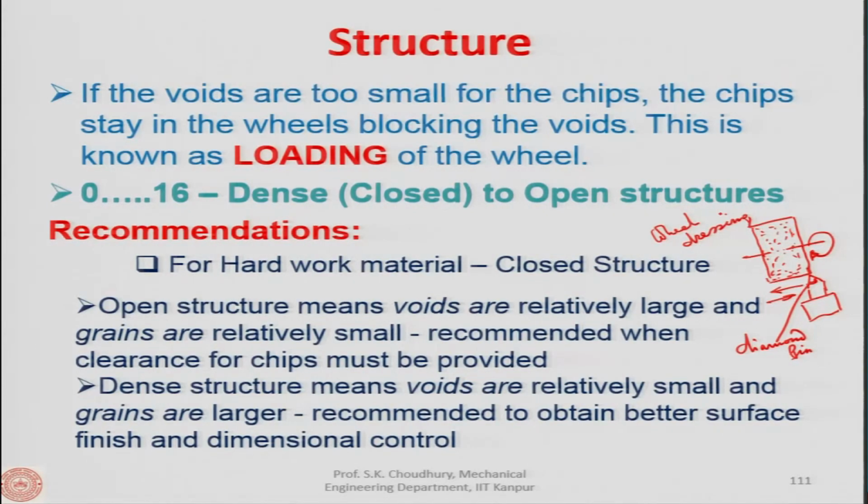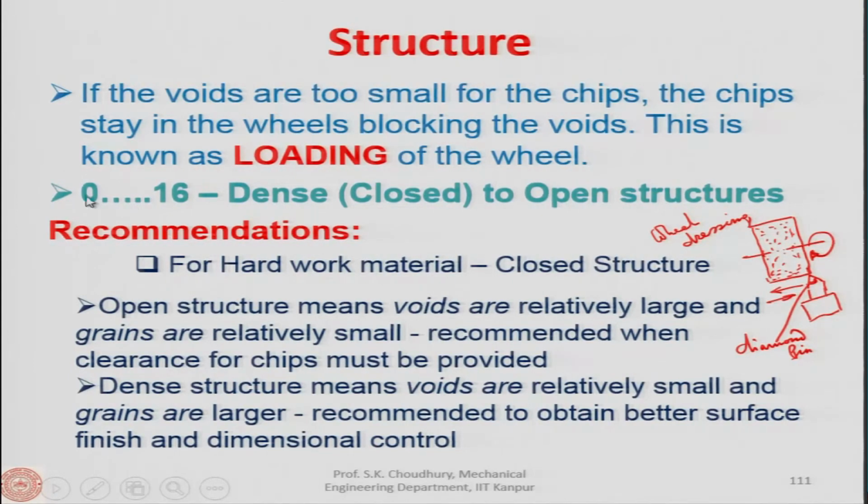Wheel dressing is done to remove the layer from the wheel surface where either the worn out grains or the clogged chips are. After this thin layer is removed, you will find that the wheel has sharp grains on the surface, so it will cut more and consume less power.